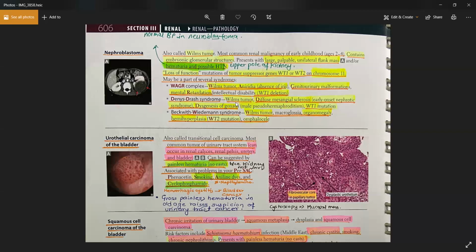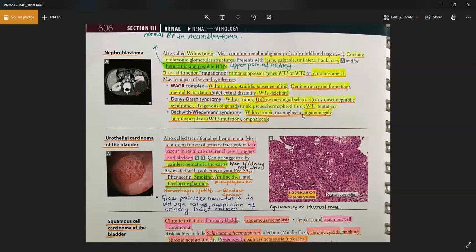Dysgenesis of the gonad will also happen, and that can lead to male pseudohermaphroditism. Okay, and it happens because of a WT1 mutation. What this thing is we will discuss later in the reproductive section. Then you have the Beckwith-Wiedemann syndrome, in which you have organomegaly.